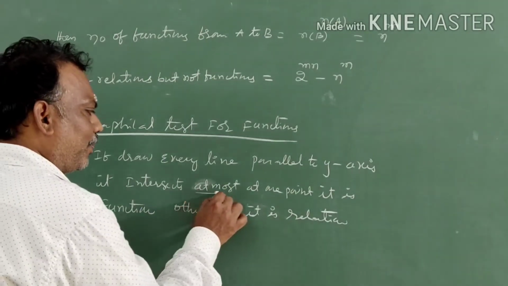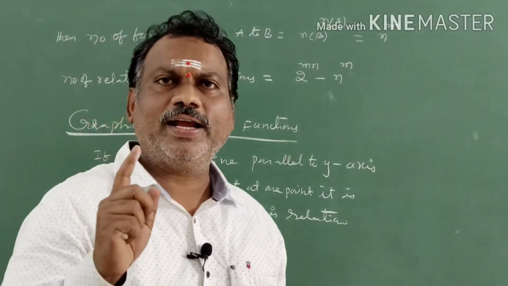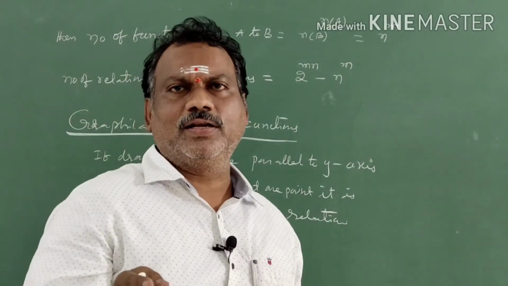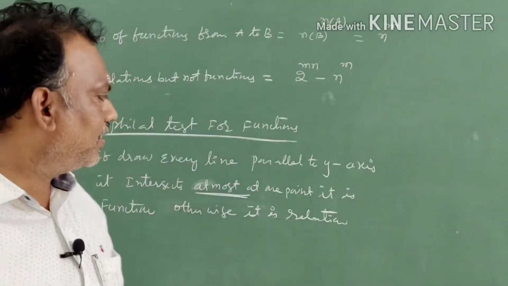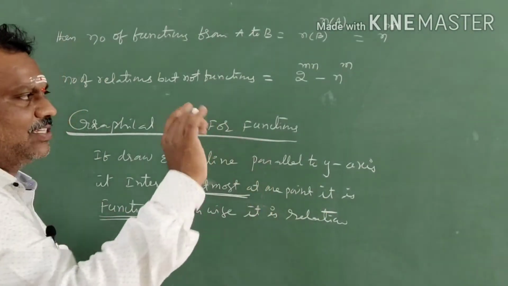What does it mean? At most means maximum one point. It has exactly one point. If it cuts at one point, it is a function. Otherwise it is not a function.